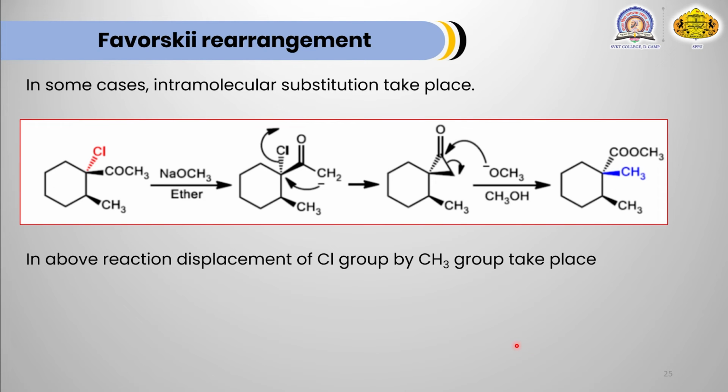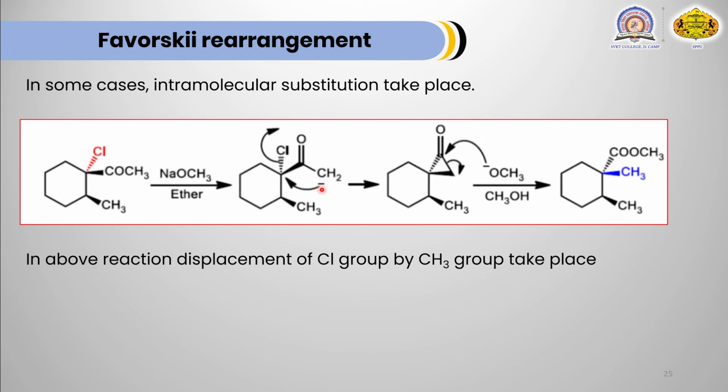In some cases, intramolecular substitution can take place, and this is an example in which intramolecular substitution is taking place. This is an alpha haloketone, this is the alpha carbon and here a chlorine atom is there. On treatment with sodium methoxide, this acidic proton is removed and there is generation of a carbanion.